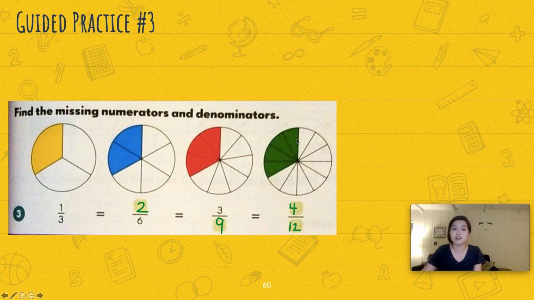Okay? Because they all show the same parts of the whole. Right? It's the same size. Even though the shaded parts might be divided differently. Okay?